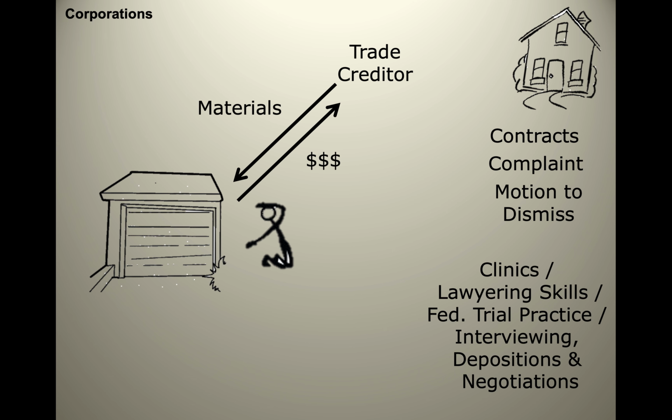Now, all of this is to remind you of key courses you may want to think about taking, especially if you're interested in being a litigator in the area of commercial law. But even if you are just a transactional lawyer, it's still important to have context for the transactional advice, the counseling that you provide.